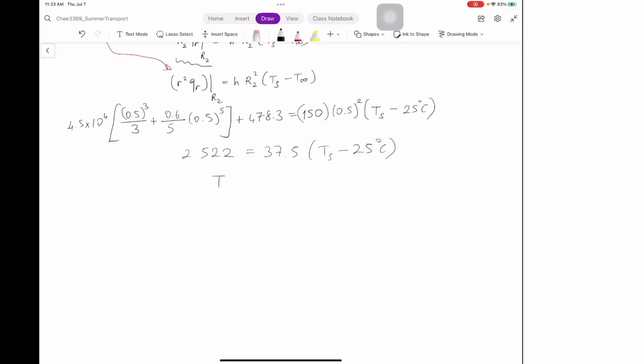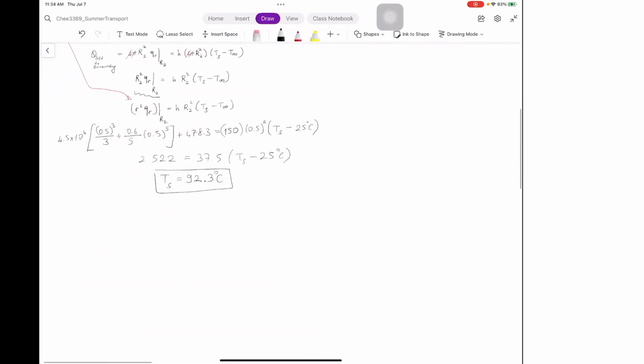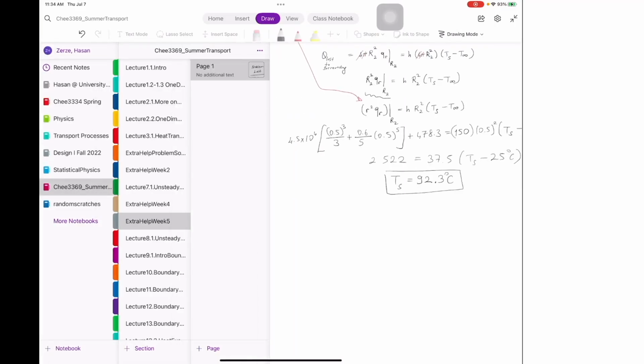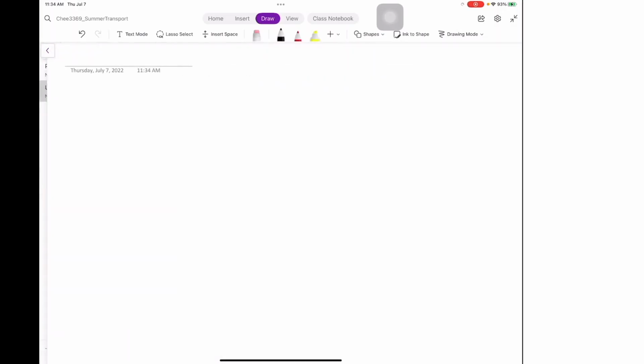Yeah, so I got Ts is equal to 92.3 centigrade, not Kelvin. Okay. Any questions so far? So that's the answer for the first problem. If you don't have any questions, let's solve problem number 2.